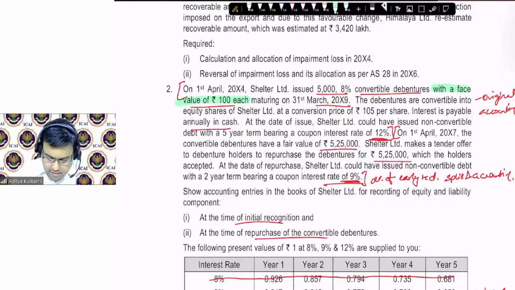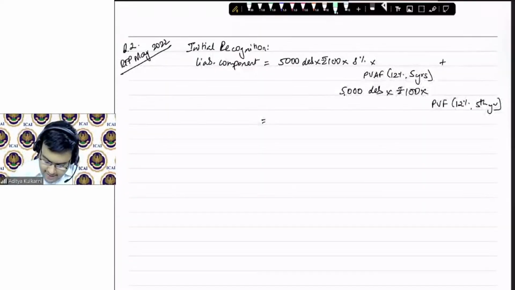The debentures are convertible into shares at a conversion price of 105 per share. So we should be taking this as 105. Why did you take this as 100? This could be a common query that you will be having. See, what are we calculating? We are calculating the liability component.